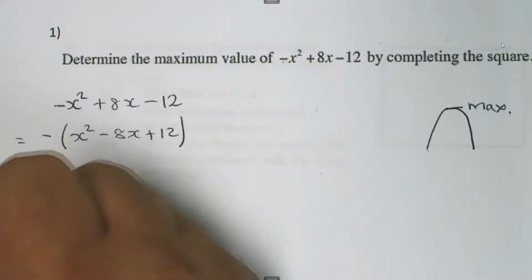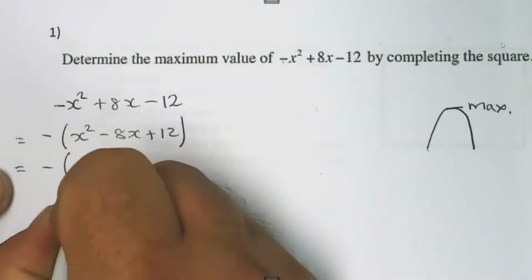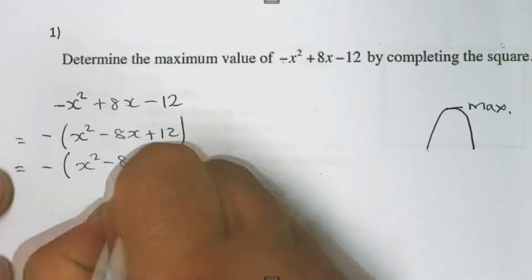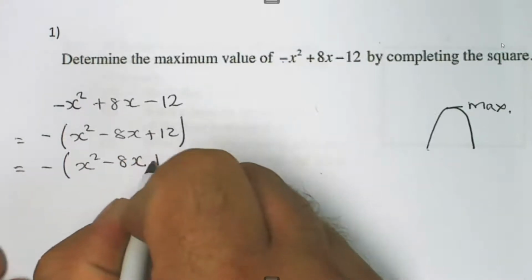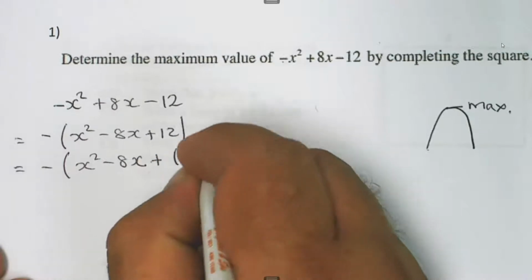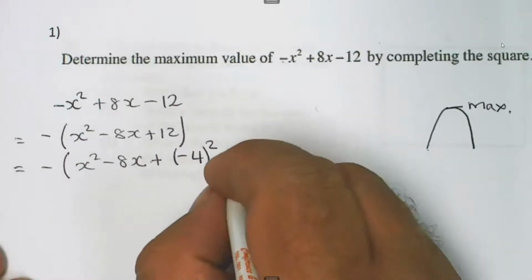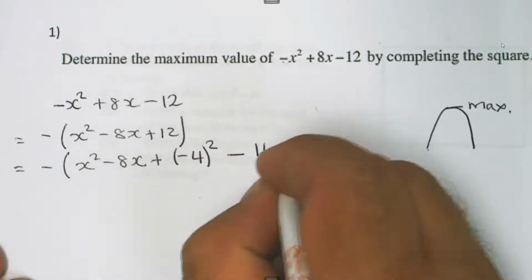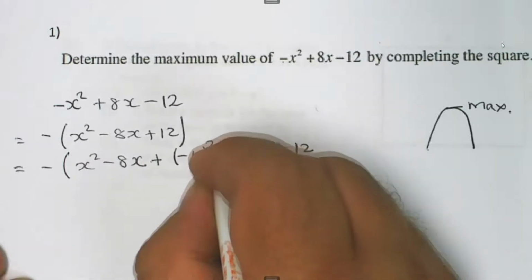Now the next step is to keep the first two terms, x² - 8x. Then I must add half the coefficient of x, which is (-4)². If I add 16, I'm going to subtract 16, plus 12.